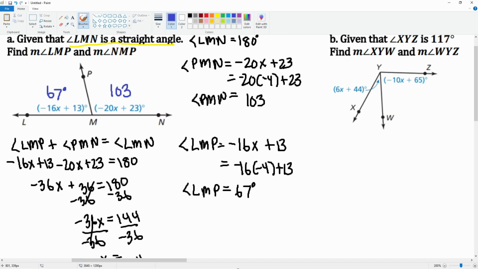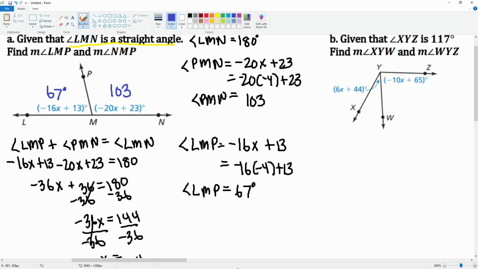13 plus 23 is 36. 180 minus 36 is 144. Divide that by negative 36. That gets you negative 4.